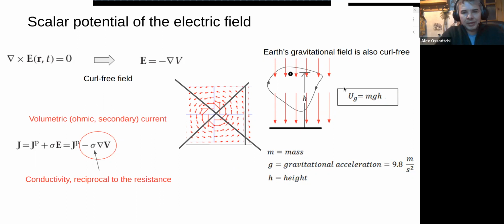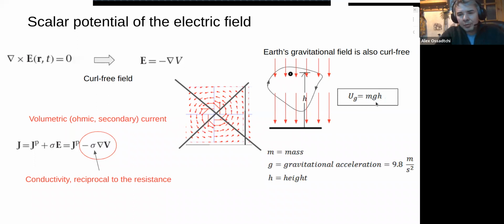In a gravitational field, the potential energy is equal to mgh, but the potential itself is equal to gh, the field strength multiplied by some distance.